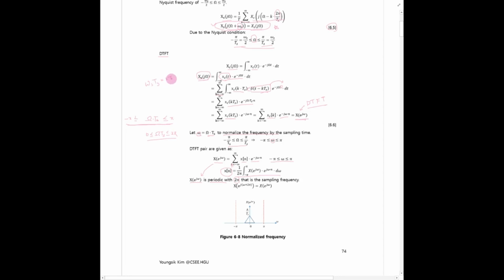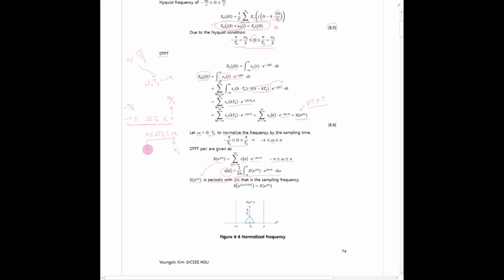We defined omega s as 2 pi over Ts, so this is the sampling frequency definition. So 2 pi means omega s if it is non-normalized. This one is the Nyquist rate, and this is the Nyquist frequency.